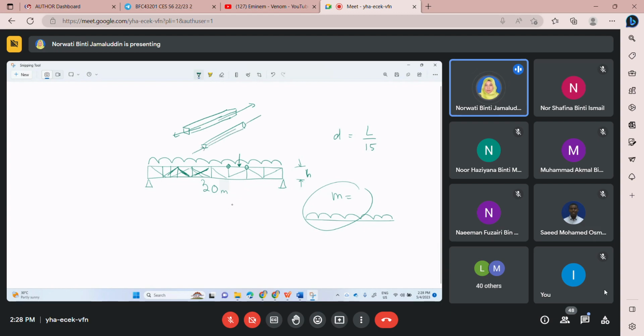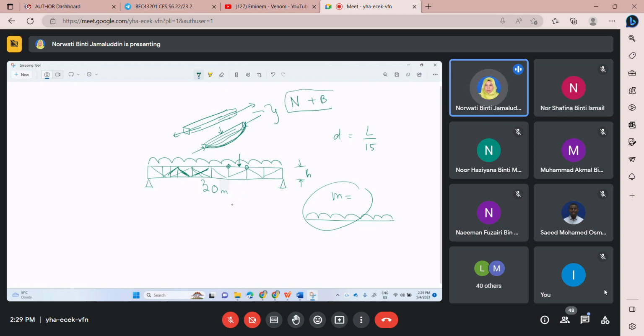But if you have load in between nodes here, it means this member will have some sort of bending response due to this load. So you need to design this member for axial, normally we use N to represent the axial force, plus bending.